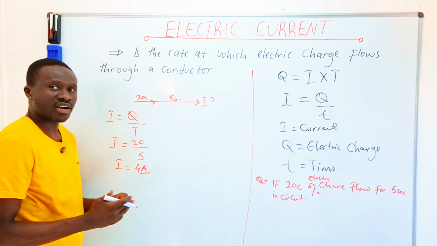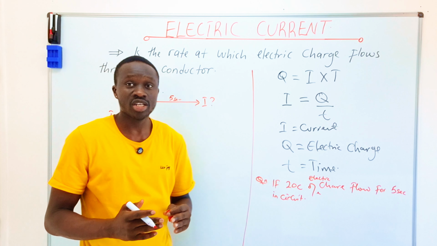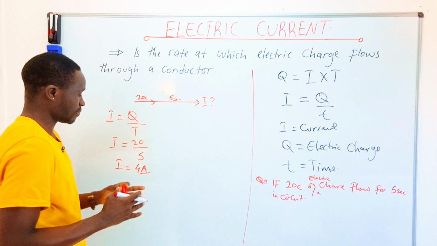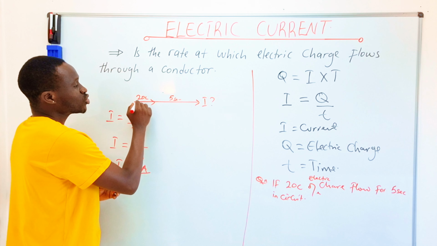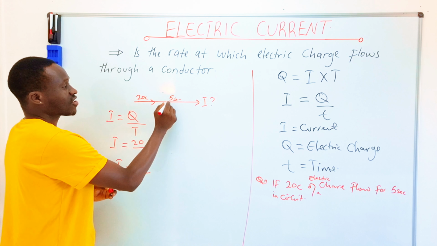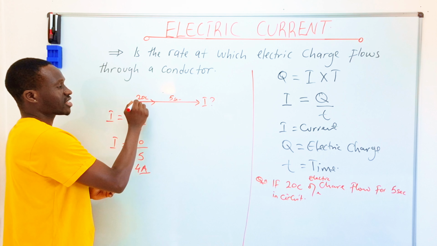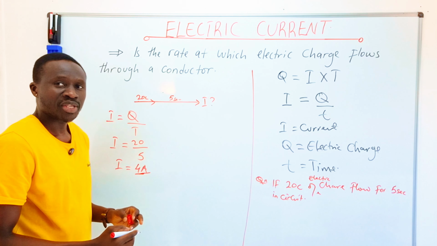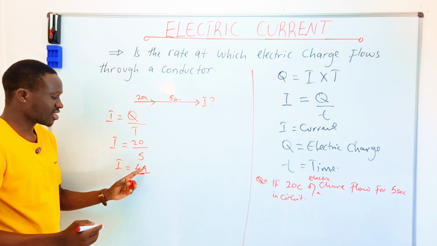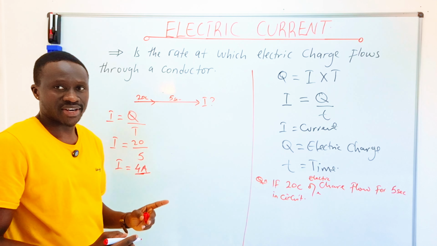We need to have a video on SI units so that you master them. 4 amps, meaning the current passing through in 5 seconds, carrying 20 coulombs, will be 4 amperes. And ampere is the SI unit of current.